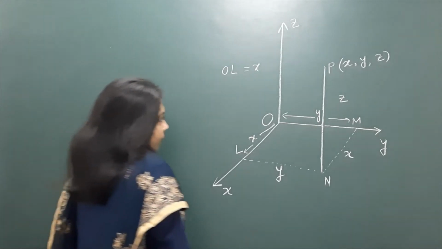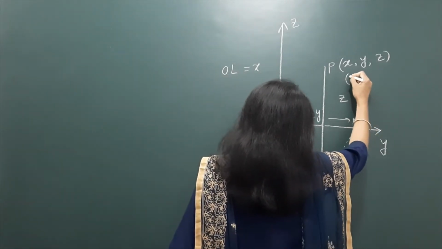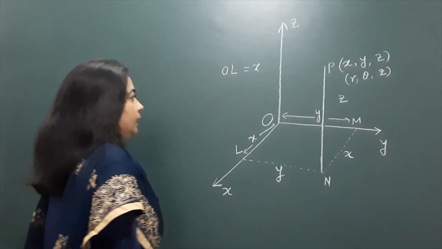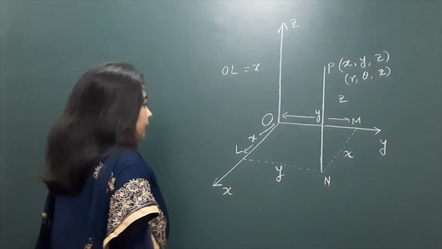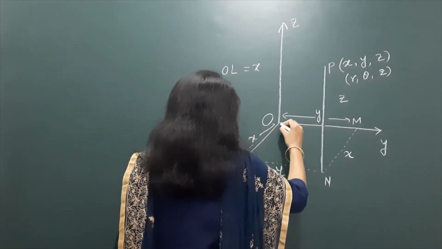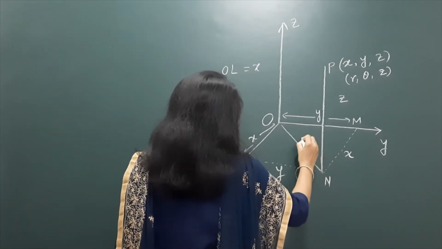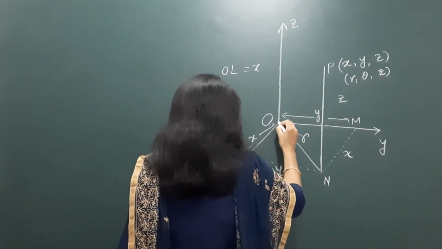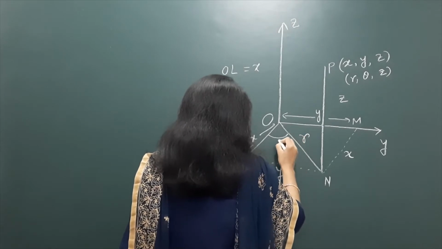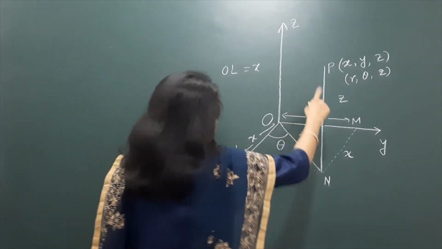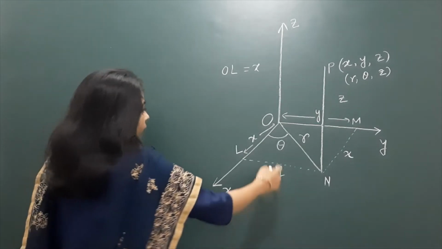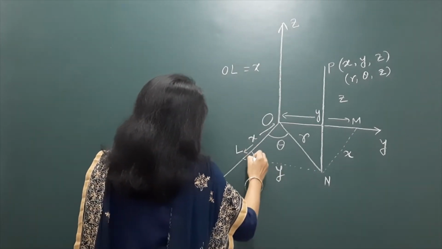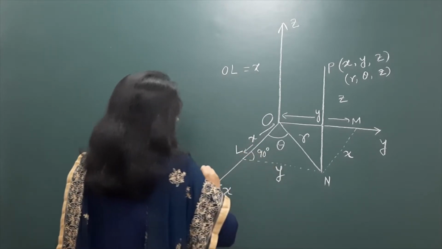Now, if we take r, theta, z as the cylindrical coordinates, then ON is r, which makes angle theta with x-axis, and PN is Z. So from this triangle OLN, this is 90, angle OLN.